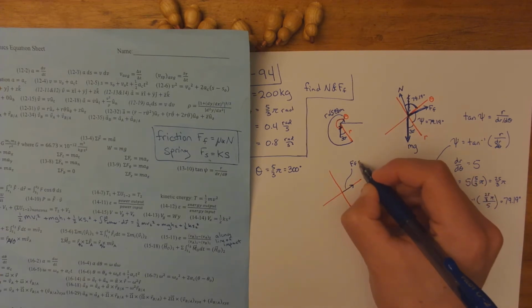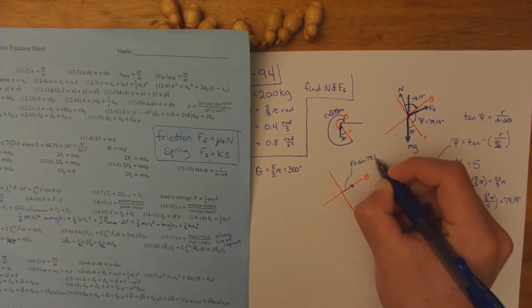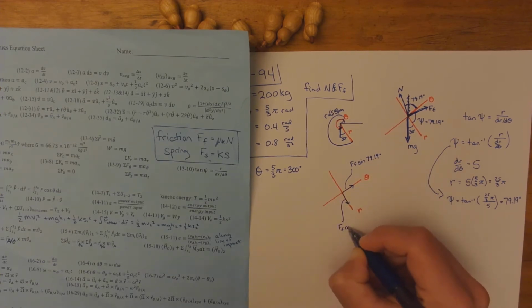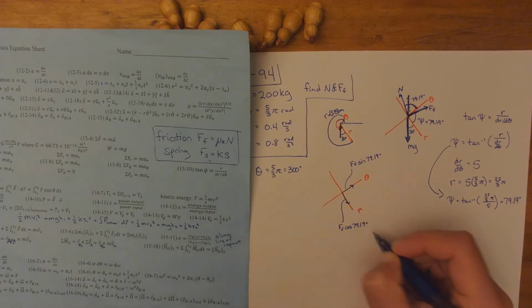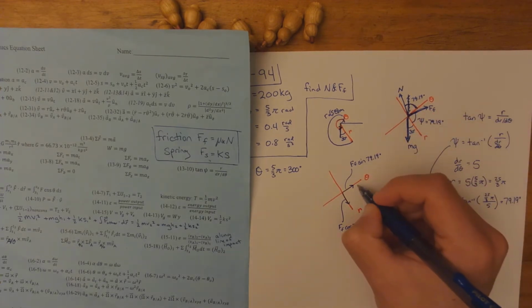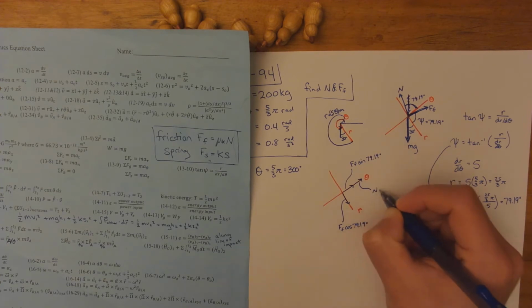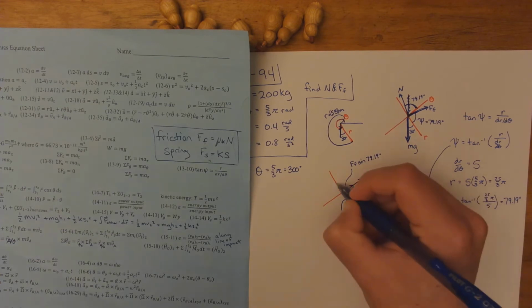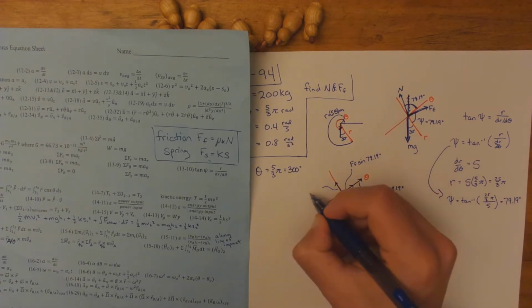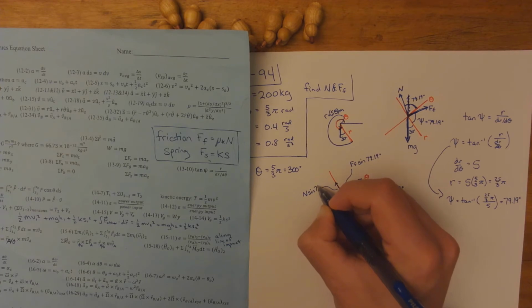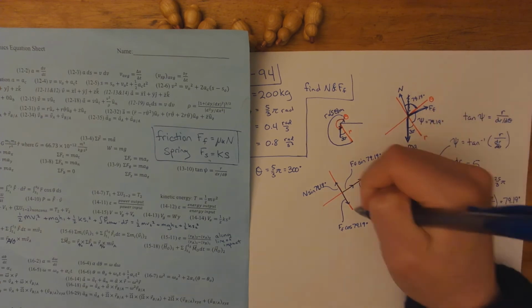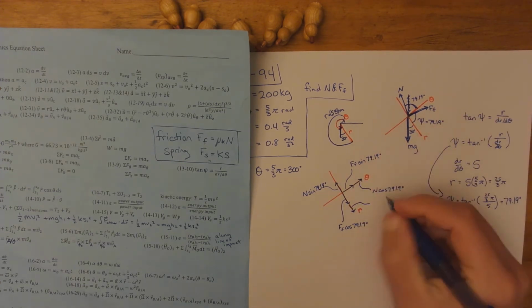So let's do sine of 79.19 degrees, and this is going to be the cosine component. Then for the normal force, this is the cosine component. And this is the sine component. And then for the force of gravity, this is the cosine component, and the angle for this is 30 degrees.